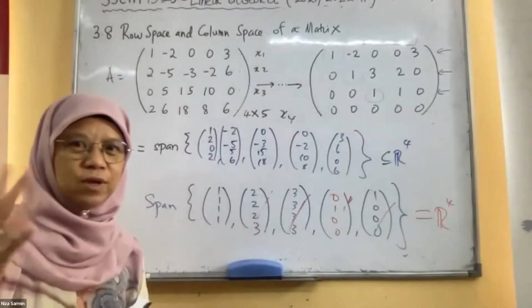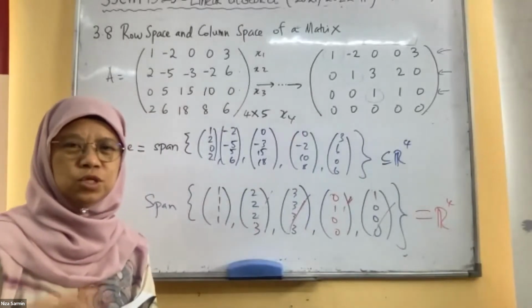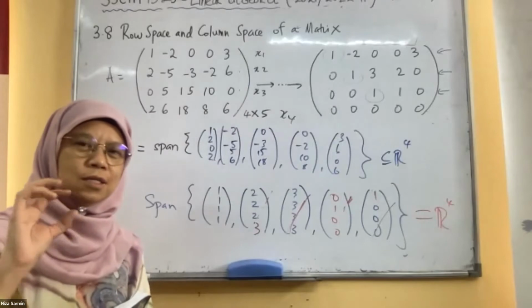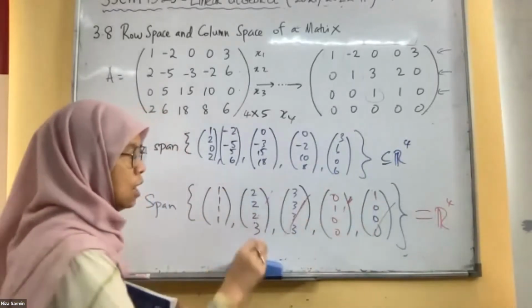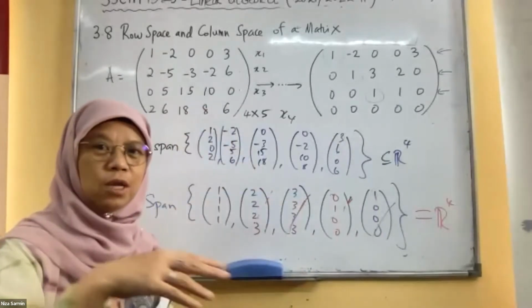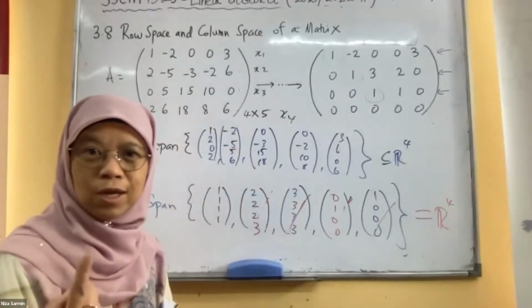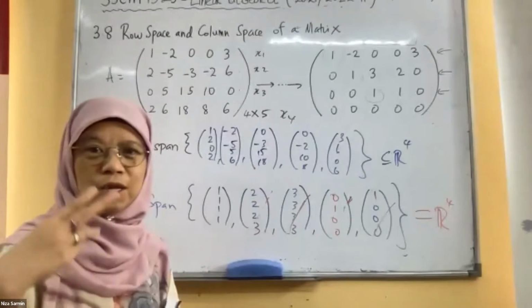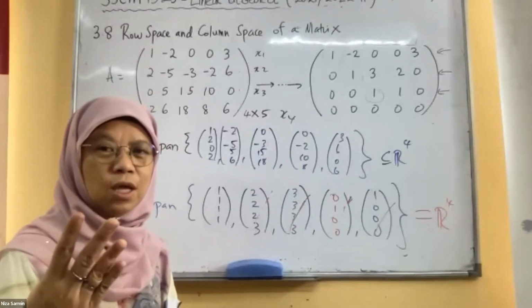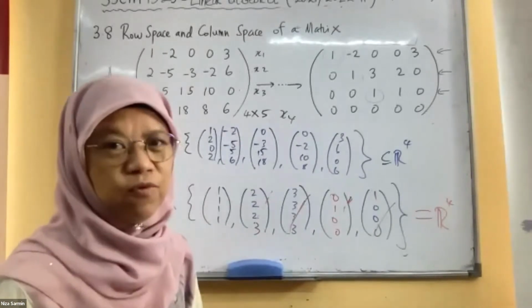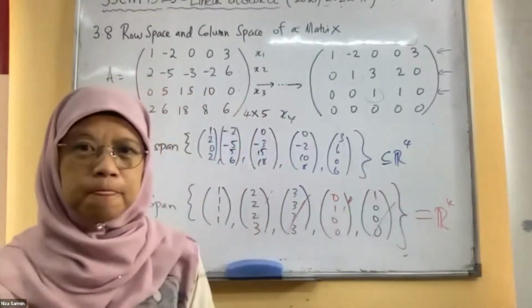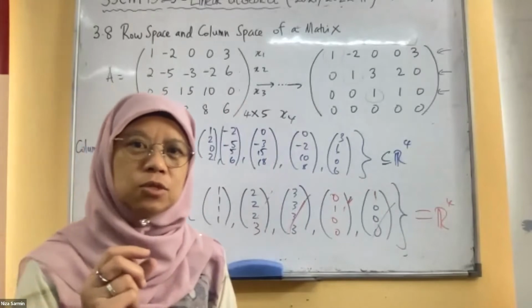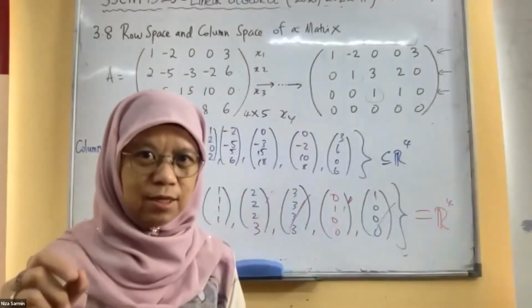I give you a different kind of question to see, with the same number of 1, 2, 3, 4, 5 vectors in R4 as columns, you can have the answer to be just 1. You can have 2, you can have 3, you can have 4, but definitely not more than 4 because the maximum is 4. So it depends on the question.